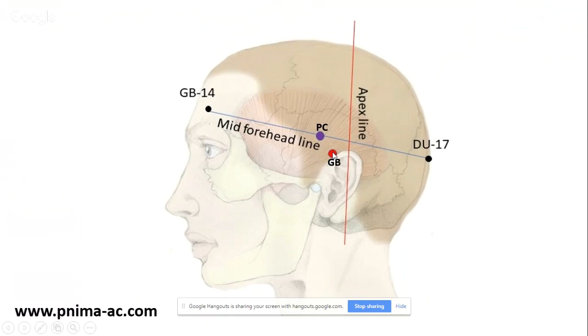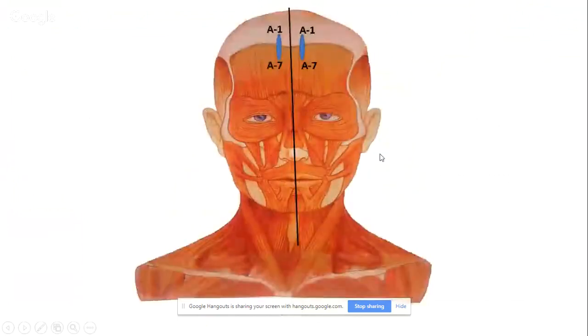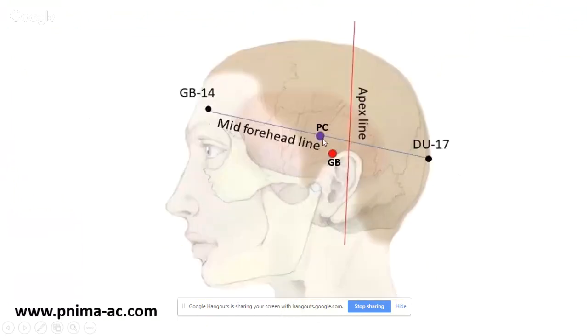This is actually the YNSA Ypsilon gallbladder point. Another point you can use is the pericardium point. The pericardium point is a bit more difficult to locate. What you want to do is draw an imaginary line that runs from gallbladder 14 to du 17.